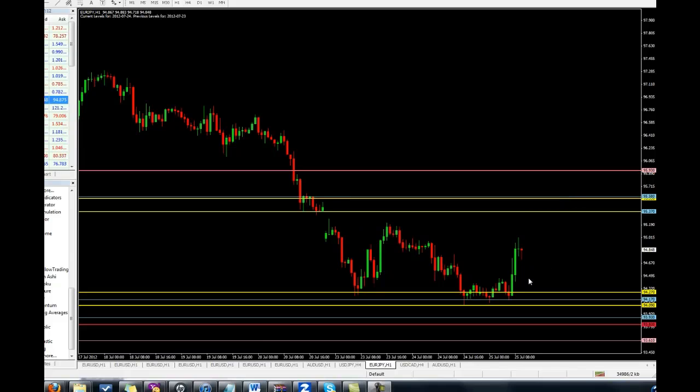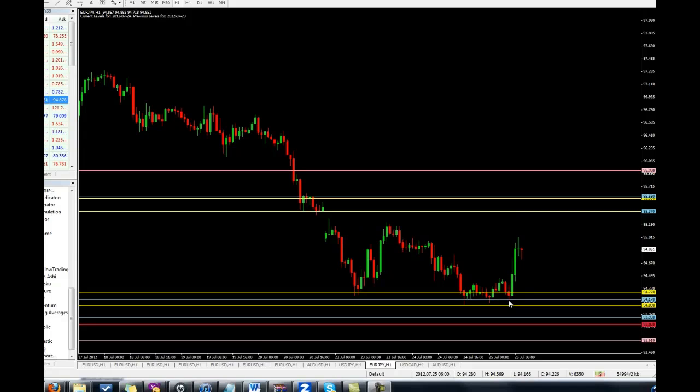The yellow levels are our current buy and sell zones of the current day, the crimson being the cap, and our light blue levels are the previous day's buy and sell zones, with the light pink being the cap from the previous day.